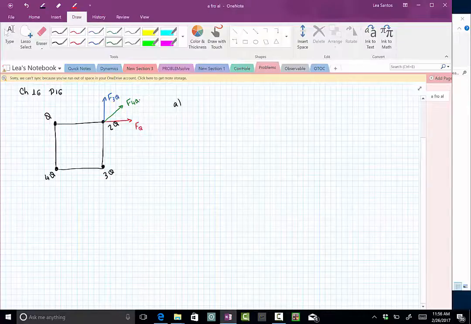We need to look at these forces in the x direction and the y direction, so we have to decompose these forces and then use Pythagoras and so on. Okay, so let's start with our red force, the FQ. FQ is entirely in the x direction, right?